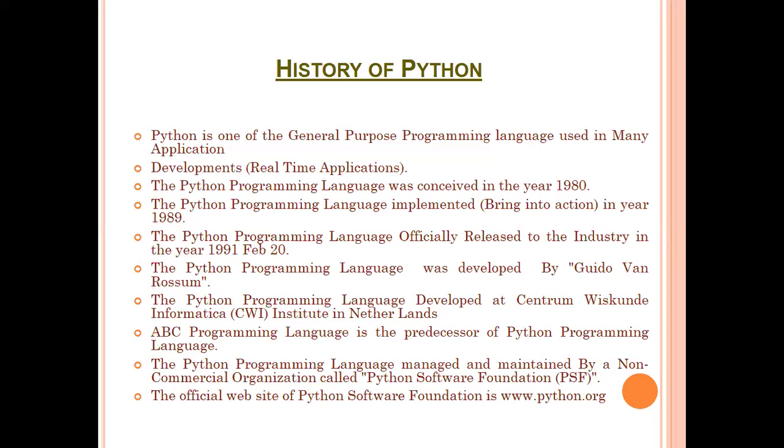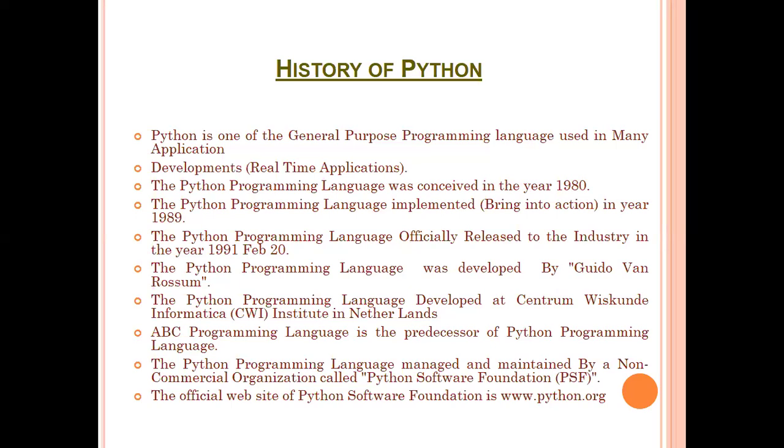Developed by Guido van Rossum at Centrum Wiskunde & Informatica, that is CWI, an institute in Netherlands. ABC programming language is the predecessor of the Python programming language. Now it is taken care of by a non-commercial organization, that is Python Software Foundation.